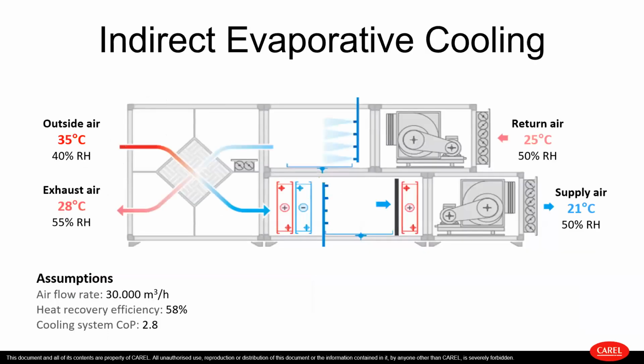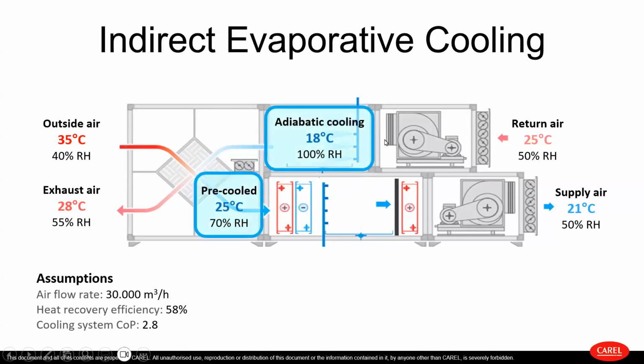In an air handling unit with a cross-flow heat exchanger, for example, it is possible to use not only the humidification and direct evaporative cooling, which would be on the bottom in this part, but also an indirect evaporative cooling system that Paolo will also talk about in a little more detail, which can decrease the temperature of the air coming from the exhaust down to the 18 Celsius degrees that you can see here.